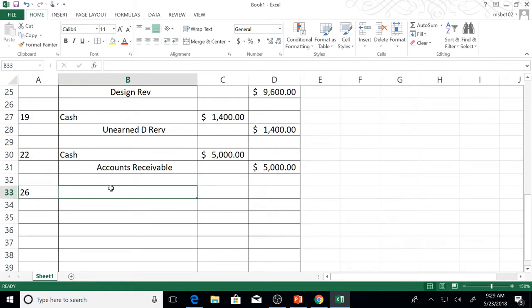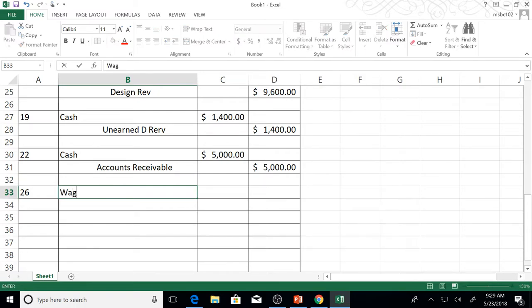And then we have a new account now, wages expense. Debit plus, credit minus. That's an expense, so the expense is increased by 4,800. So I'm going to do the journal entry.